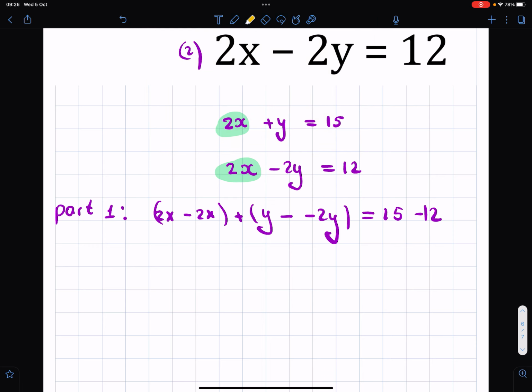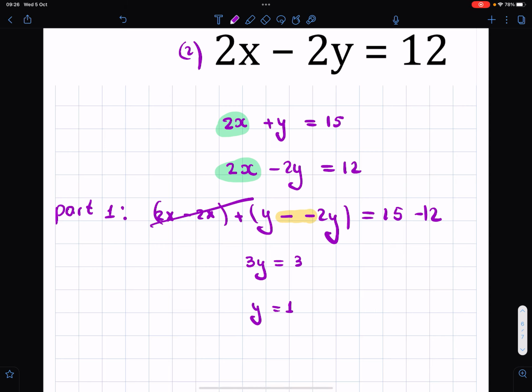We have a negative following a negative, and we have a rule for this. So 2x minus 2x gives us 0. But y minus negative 2y will give us 3y, because y plus 2y is 3y. So that's going to give us 3y equals what? 3. That means y is?